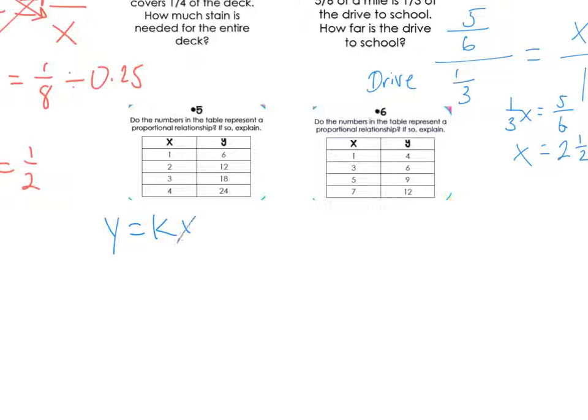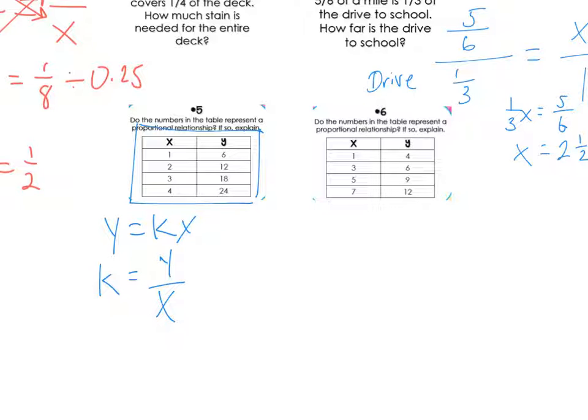In 7th grade math, maybe you remember y equals kx. This is our proportional equation, right? And then we'd say y equals 2x, or y equals a half x, or whatever. We can also figure out the constant of proportionality, k, if we take y and divide it by x. If we do that in our table, we should get the same number every time if it's proportional.